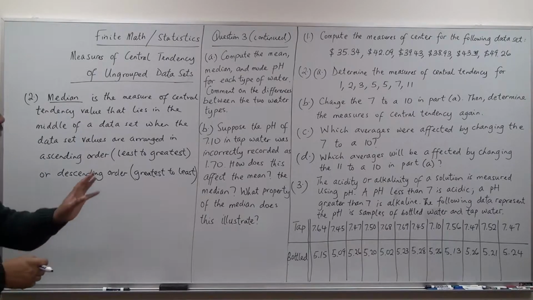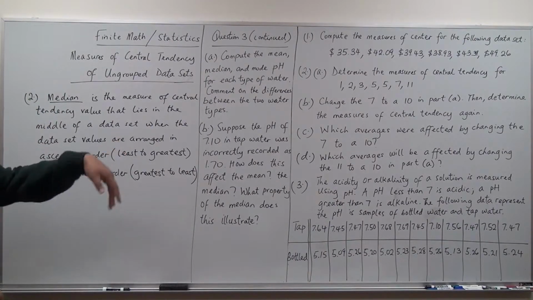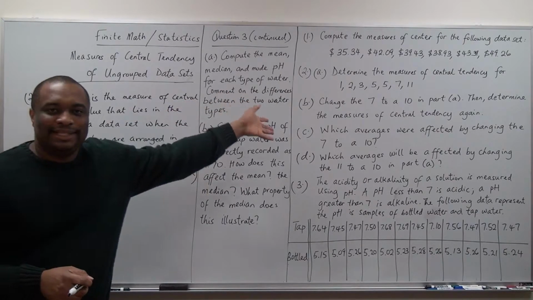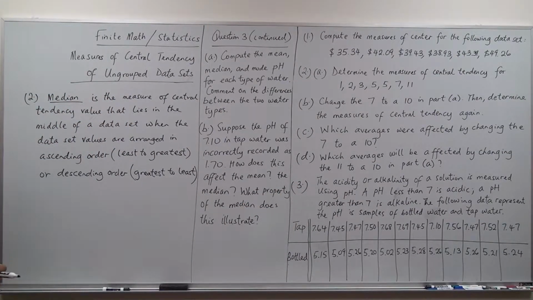Now, I've got 3 questions here. Two of them, question 2 and question 3, have some parts, like A, B, C, D. Maybe you can pause it and take notes, because I will erase this to have some space.